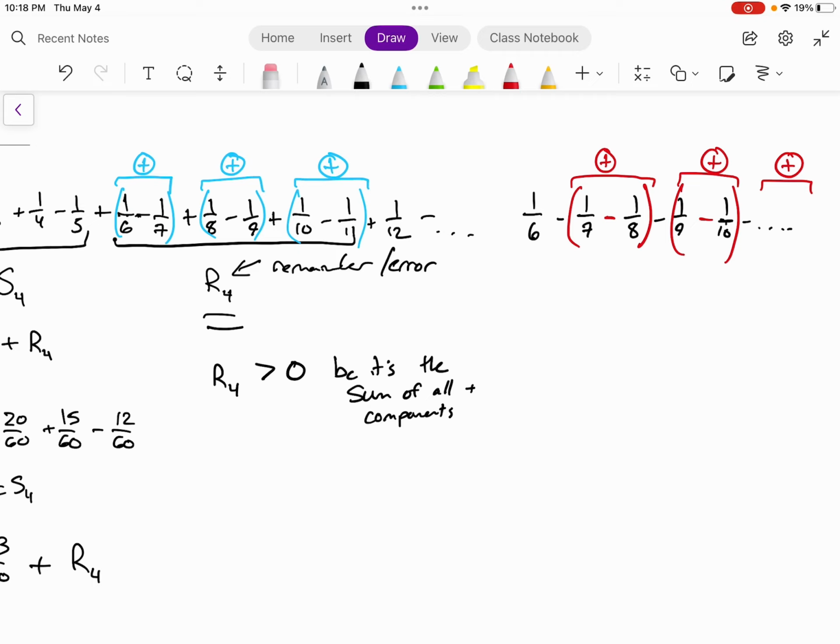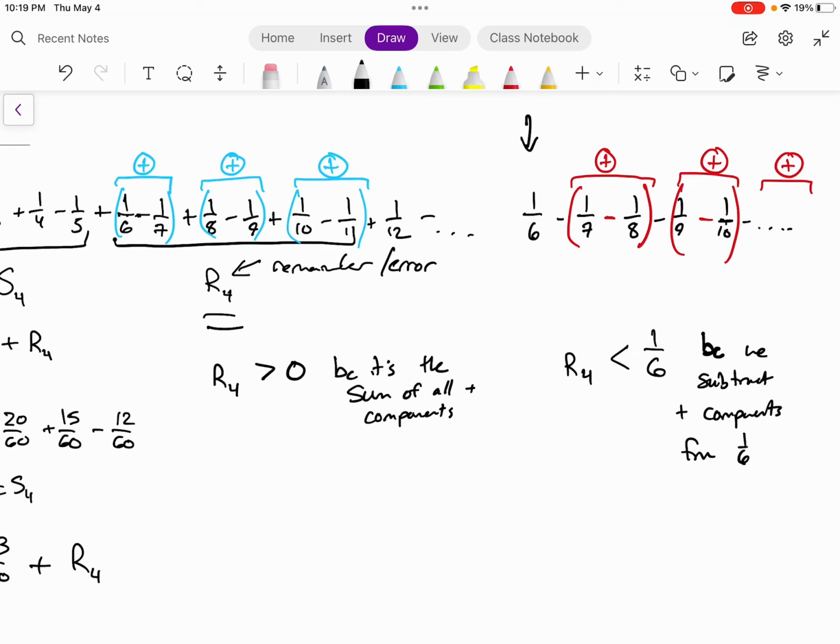Well, what can we say about this thing? I know this R4 has to be less than a sixth. Why do I know that, right? Because I start with a sixth, and I'm subtracting positive components from 1/6.